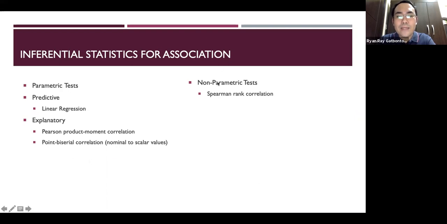If we correlate variables at the ordinal level, meaning it's a non-parametric test, we use the Spearman rank correlation. In this video, we will only talk about two measures of association: linear regression and the Pearson product moment correlation, or Pearson R.